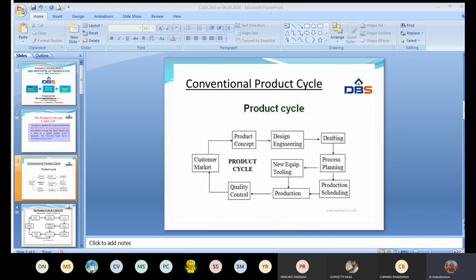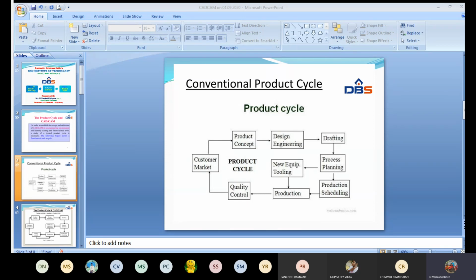So we have planned the processes that are required, step by step, to manufacture the particular design. At the same time, we have to schedule how many products are required for a particular date. So production scheduling will ensure the product certain quantities by certain dates.